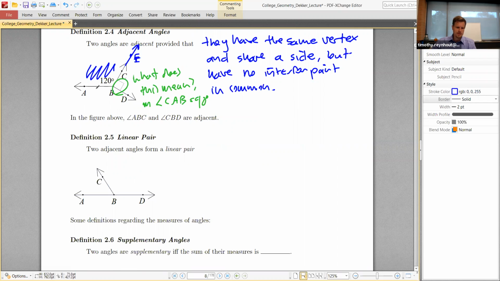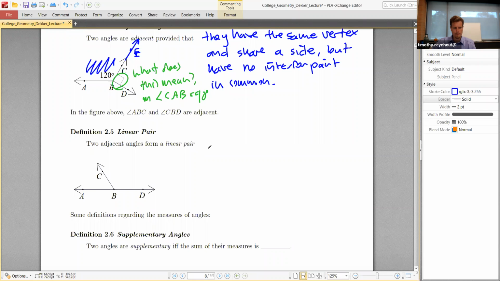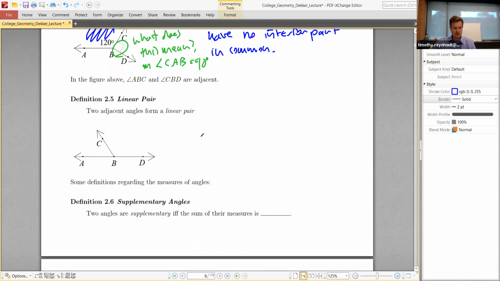All right, so here we have, of course, ABC and CBD are adjacent because they have BC in common. Two adjacent angles form a linear pair. Of course, if they're adjacent, they'd have to be that.